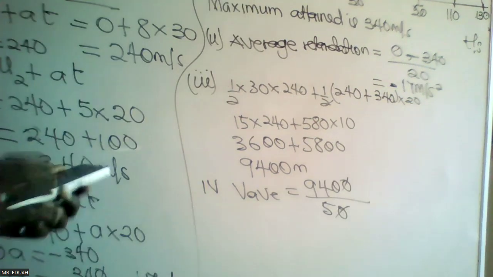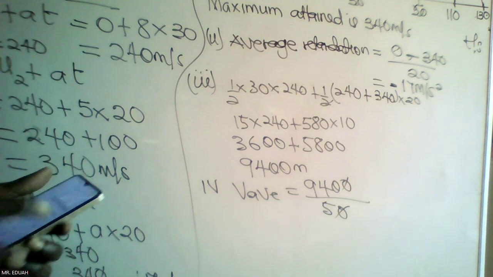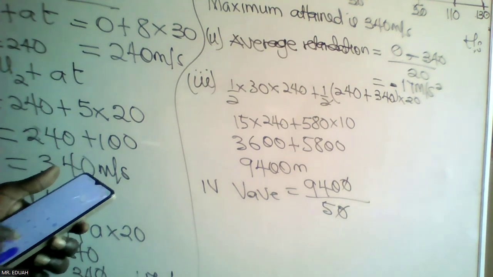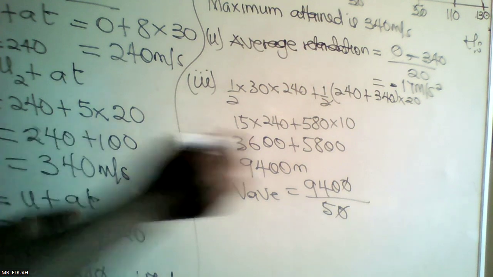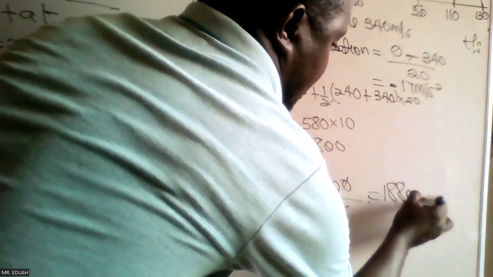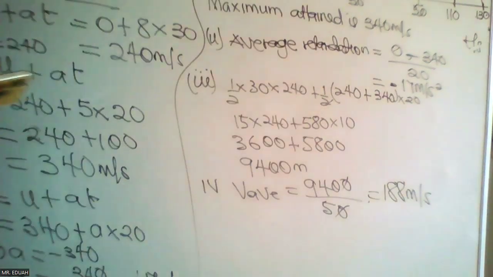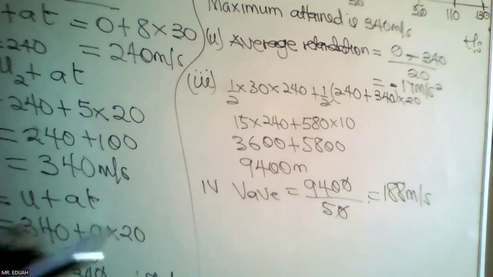So we have 940 divided by 5. And this is equal to 188 meters per second. So this is the solution for the whole problem.